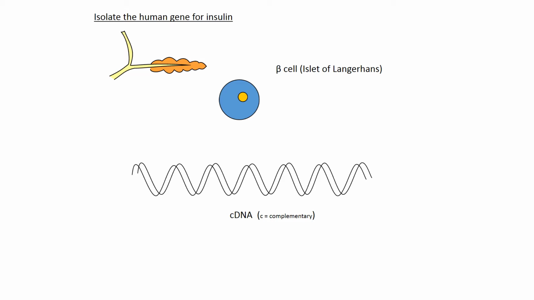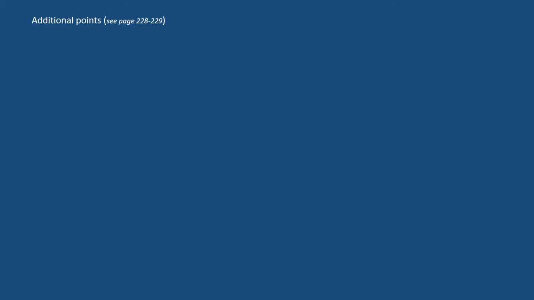Some people think this is copied DNA, but the C actually stands for complementary DNA. Now that should be the insulin gene, and that's what we can now insert into another organism to genetically engineer it. Before that, a few other points on this particular part.